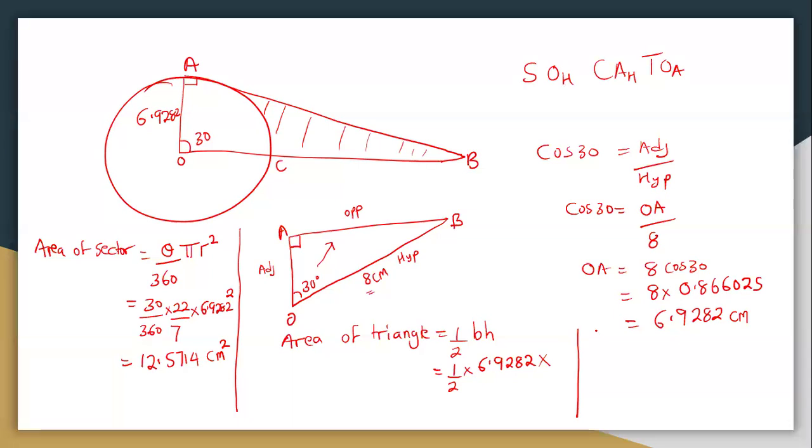And 8 squared is equal to 6.9282 squared plus a squared. We don't have A, we are interested in getting that height.